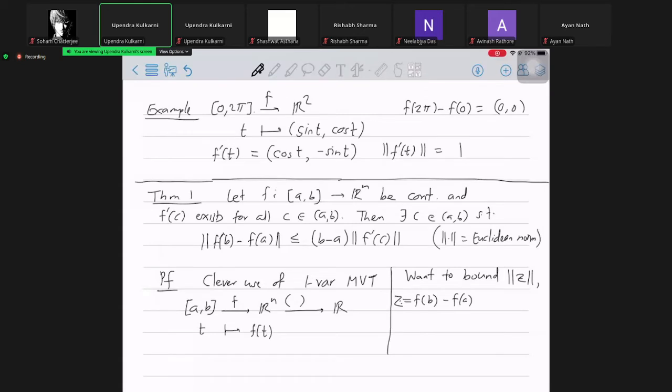Yeah, like the vector f prime of c. But I don't know what c is, right? I'm trying to look for c. Oh, okay. Right. So what we will do is we will just dot it with z. So this is going to go to f of t dot z. Very good.